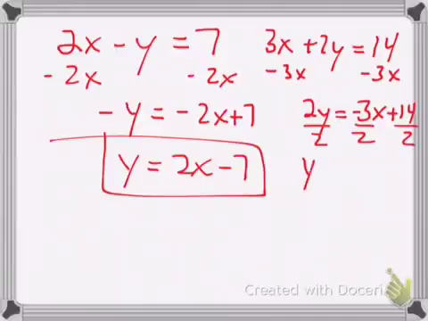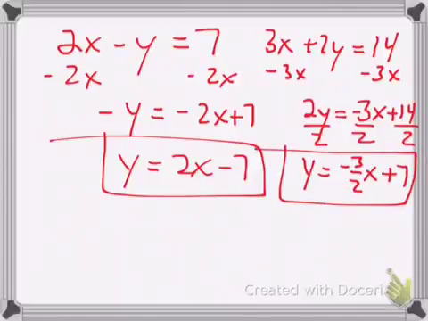And that gives us y equals negative 3 halves x plus 7. All right, so put this into y1, put this into y2.